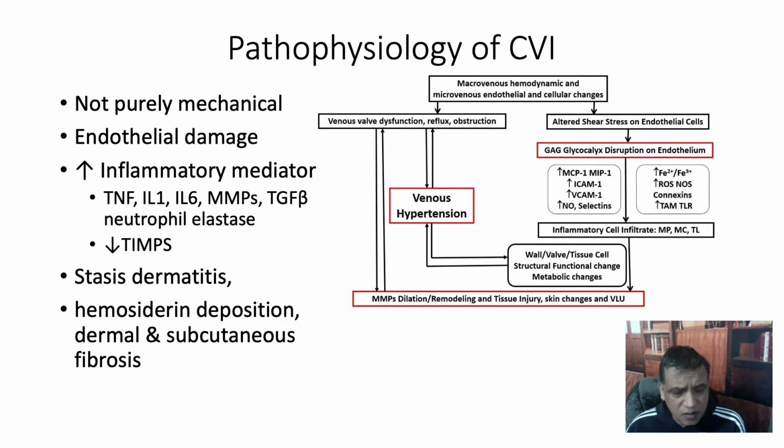Now, let's very briefly discuss the pathophysiology of chronic venous insufficiency. As we already discussed, the incipient event is increase in venous hydrostatic pressure, which is transmitted to the venous end of the capillaries, resulting in increase in interstitial fluid, which is called edema.